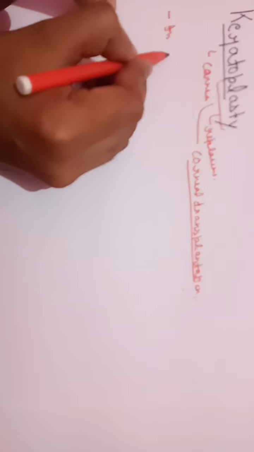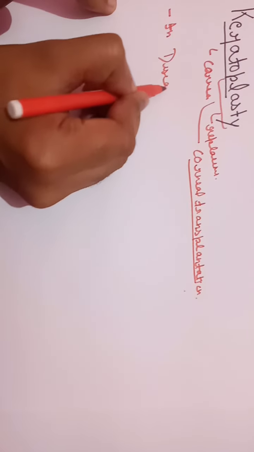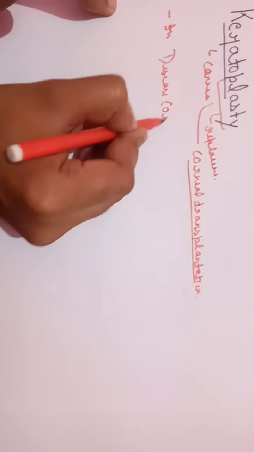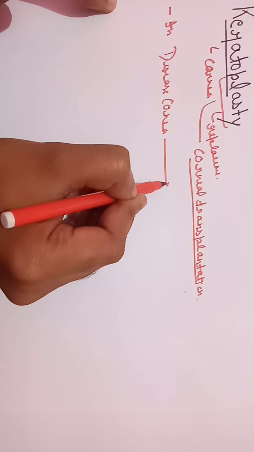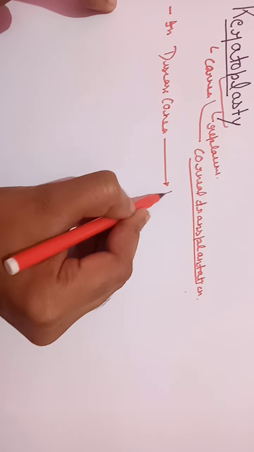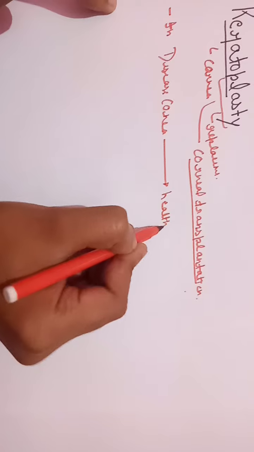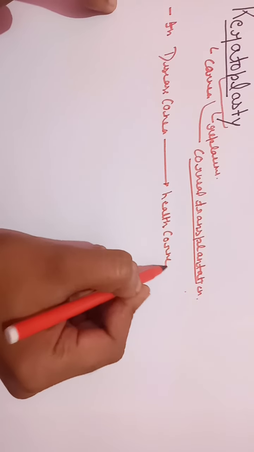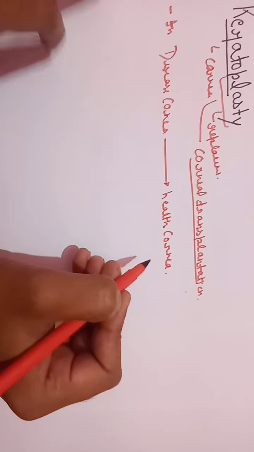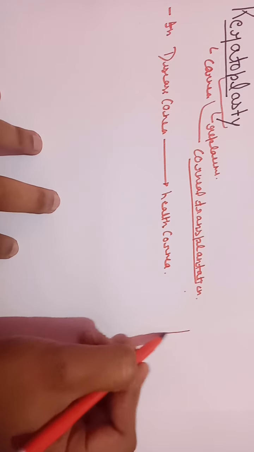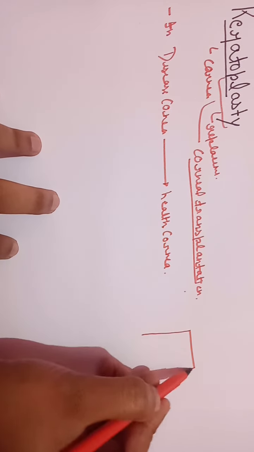So the diseased cornea is replaced with a healthy donor cornea. As we know, the cornea has 5 layers.